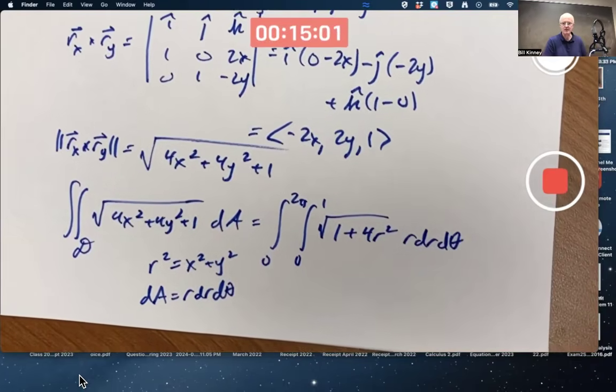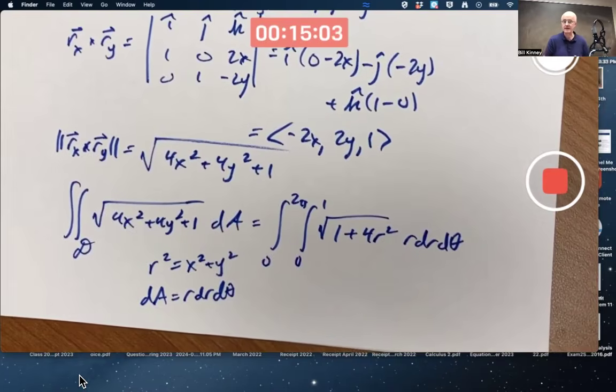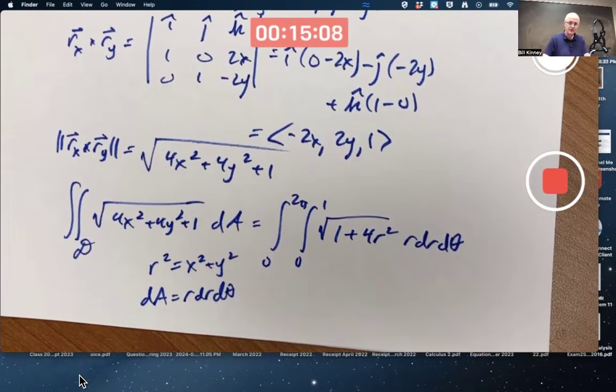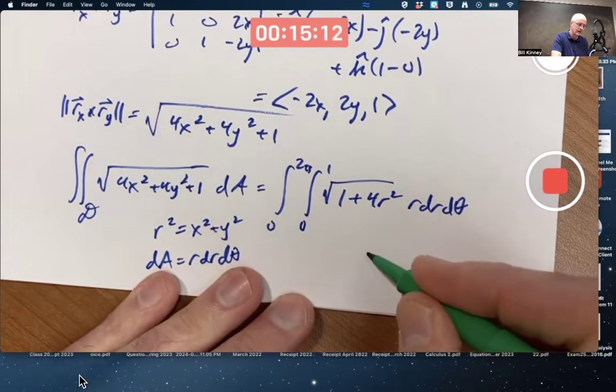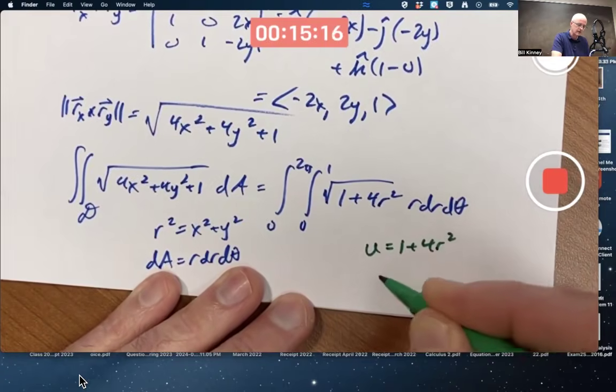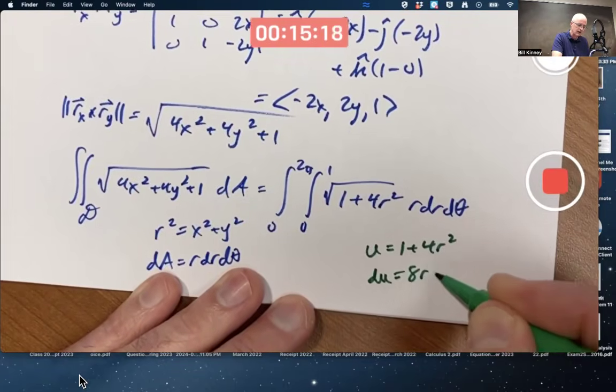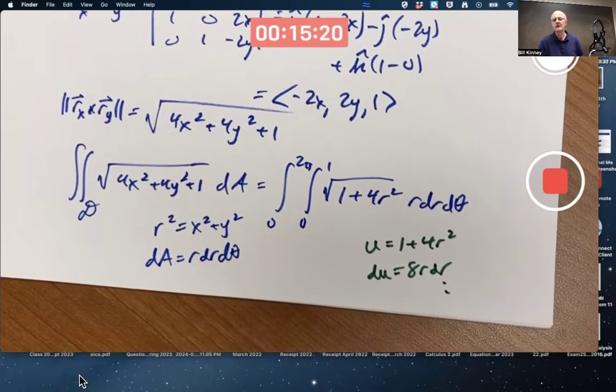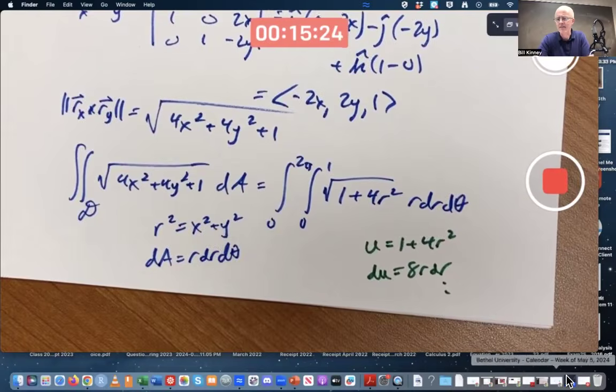It's a different integral, though effectively equivalent to the other one, though it's not obvious. And you can do this integral not too bad by hand by doing a substitution. u equals 1 plus 4r squared, du is 8r dr, etc. It's not too much different than the integral that Mathematica actually did.